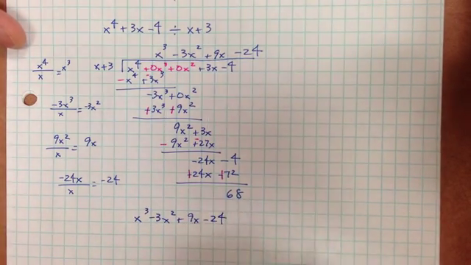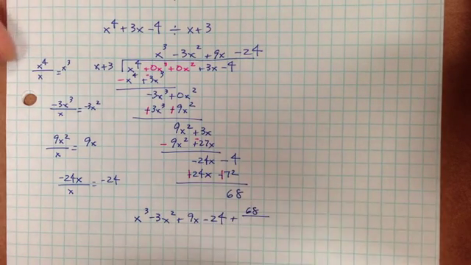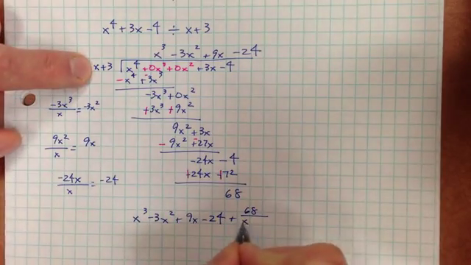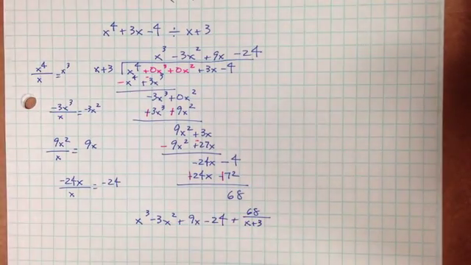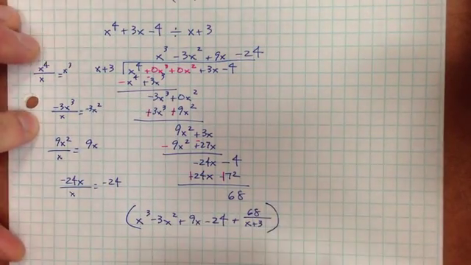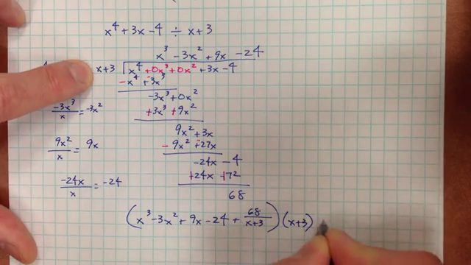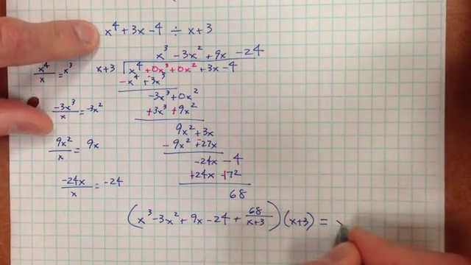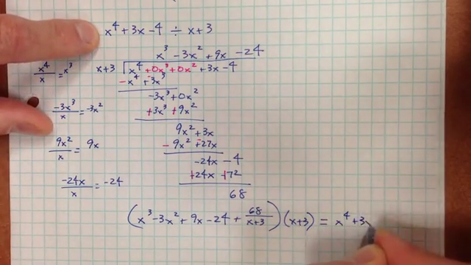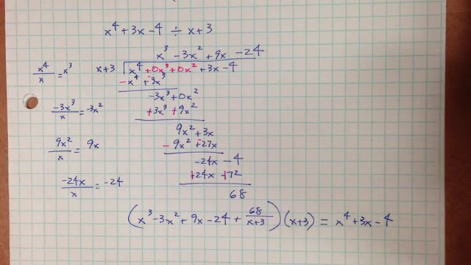This right here is a positive 68 over x plus 3. That's how many times it goes in there. So it doesn't go in there evenly, but if you were to take that and multiply it times x plus 3, it would take you back to x to the 4th plus 3x minus 4. Hope that helps. See you around.